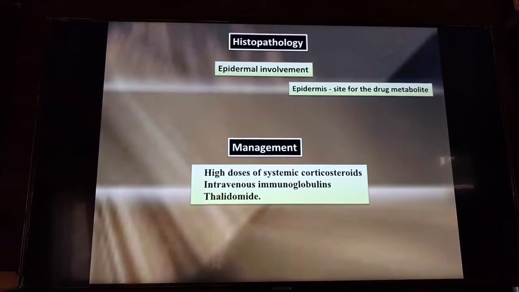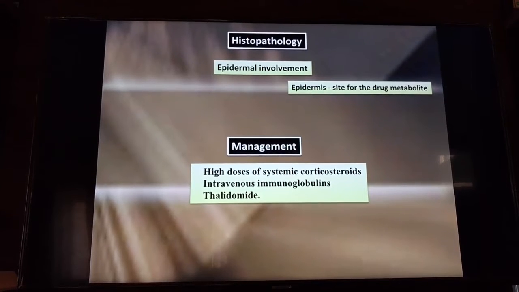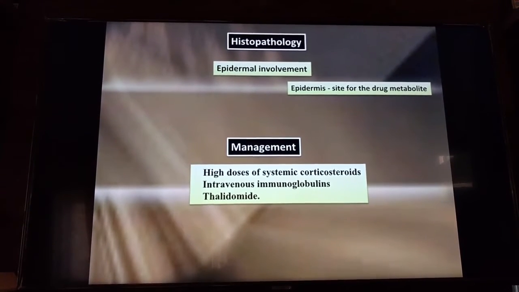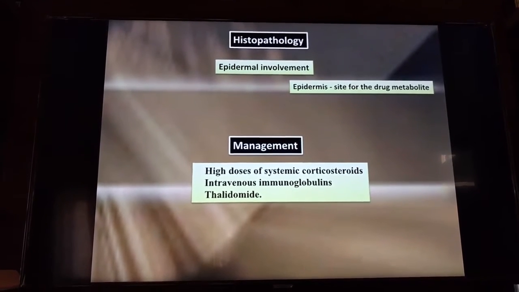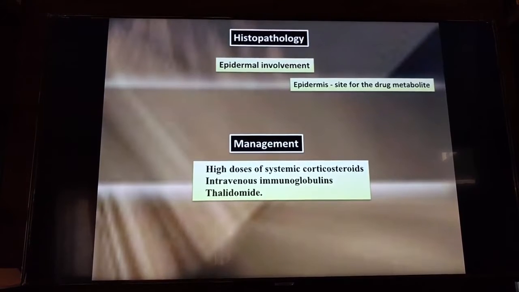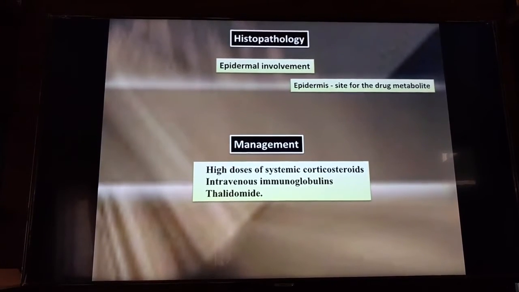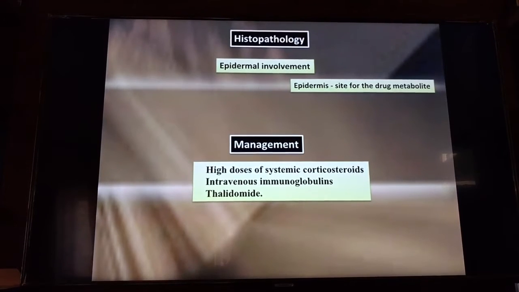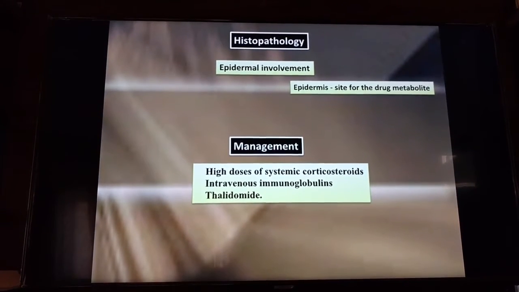Clinically, you will find pustular lesions, neurological involvement, thrombophlebitis, and venous thrombosis. Sometimes there can be renal, cardiac, and pulmonary involvement, and in the oral cavity you will find recurring oral lesions.